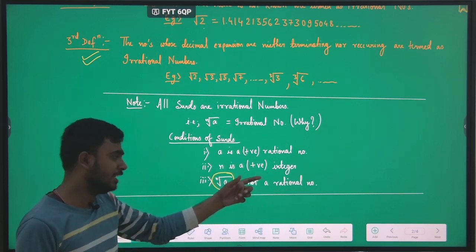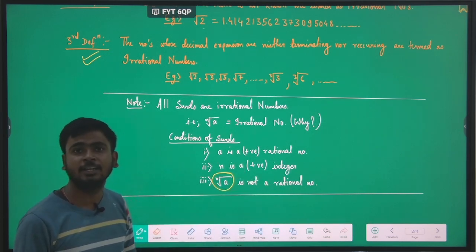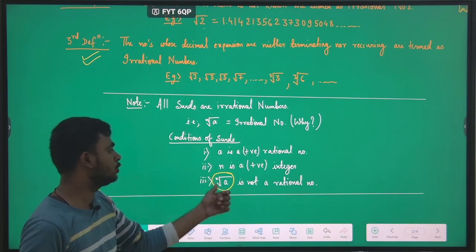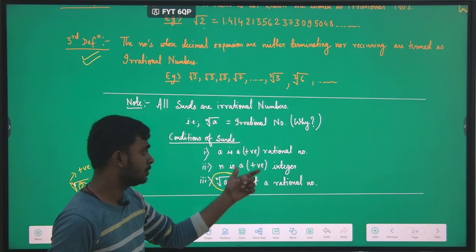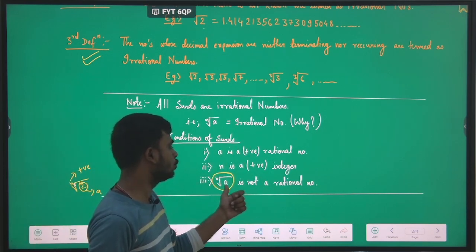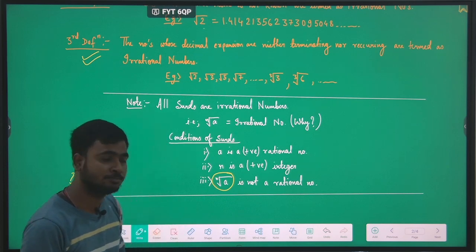We know that any number which is not a rational number is termed as an irrational number. So the nth root of a will be an irrational number if and only if the nth root of a is not a rational number.